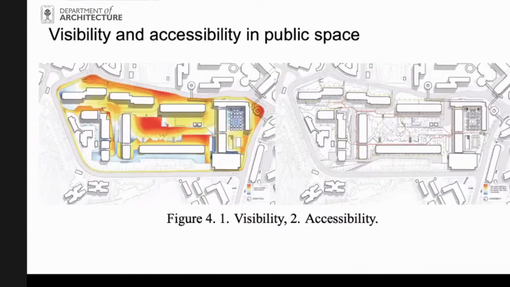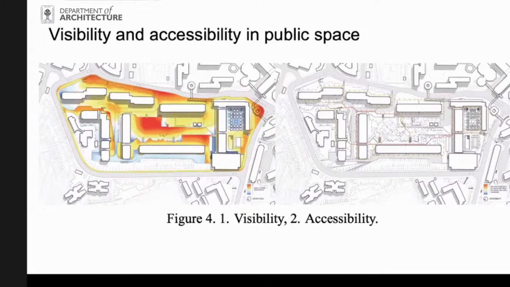But if you're thinking about activating the public space, the area with high visibility has a higher chance to be more occupied by the public or by the inhabitants. So maybe design the public space in the area with higher visibility, which in this figure is the area with red color.